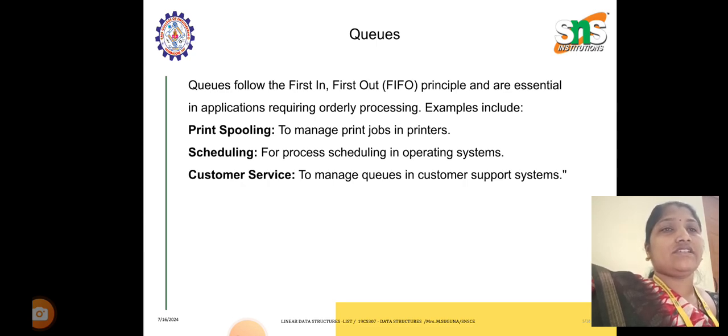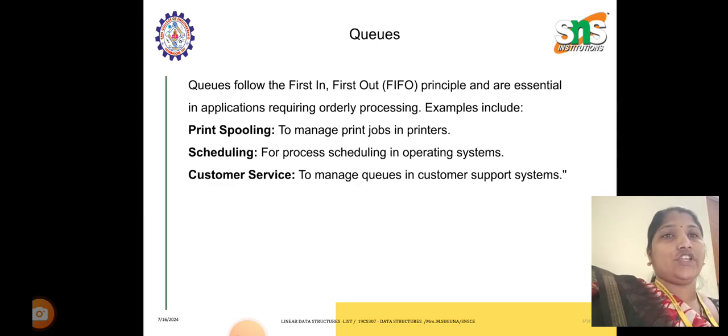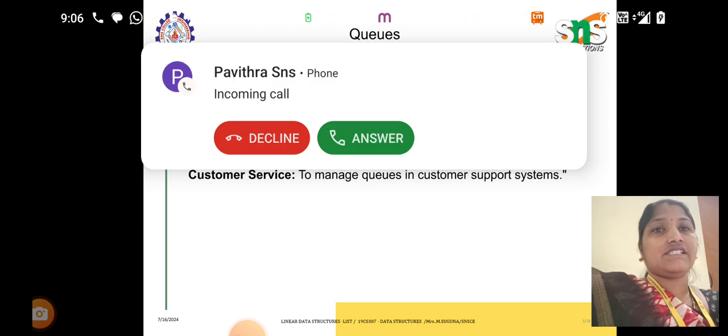This queue data structure has various applications. It helps in CPU scheduling of the processor, and in printers we can use the queue, so the job we give first will be printed first.